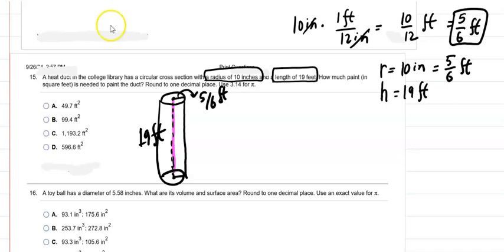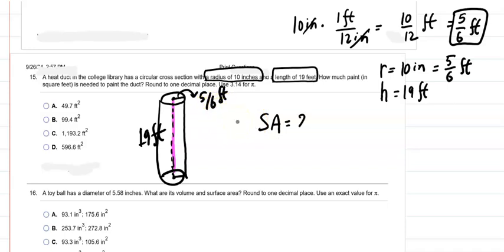So I'm looking for how much paint we need to paint this duct. This duct is a right circular cylinder, and it has a surface area, but you have to be careful here. Let's write the surface area formula for the right circular cylinder. You again refer to the formula list.